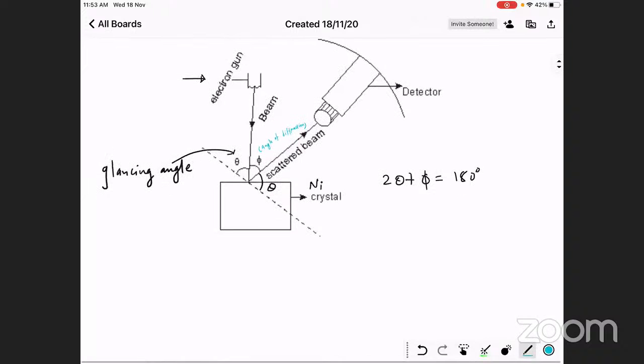Done? Make this diagram, bacho. Make the same to same diagram as it is. Theta is known as Bragg's angle, also known as glancing angle.